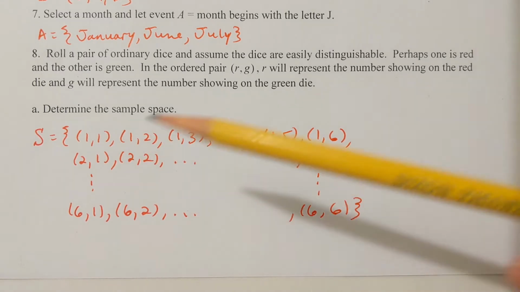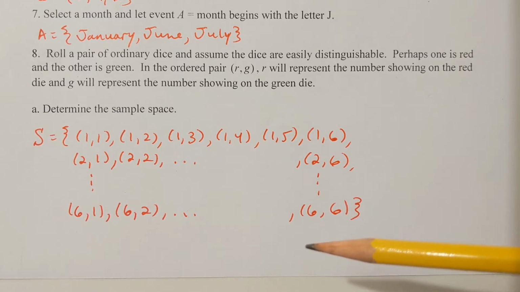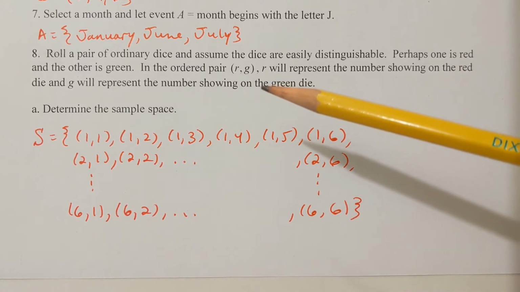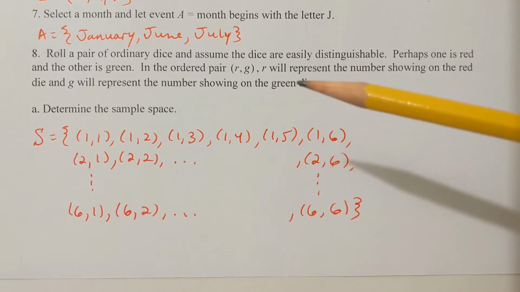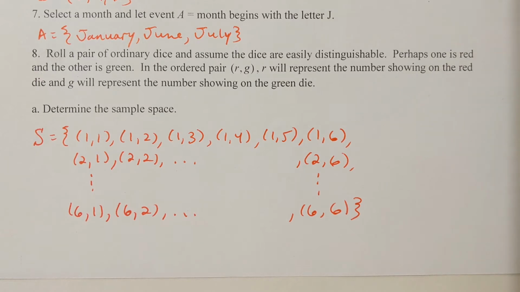Again, make sure that you use set bracket notation whenever you have identified the sample space. Also, for this problem, we're using ordered pair notation, which is important. And so there's 36 outcomes for rolling a pair of dice.